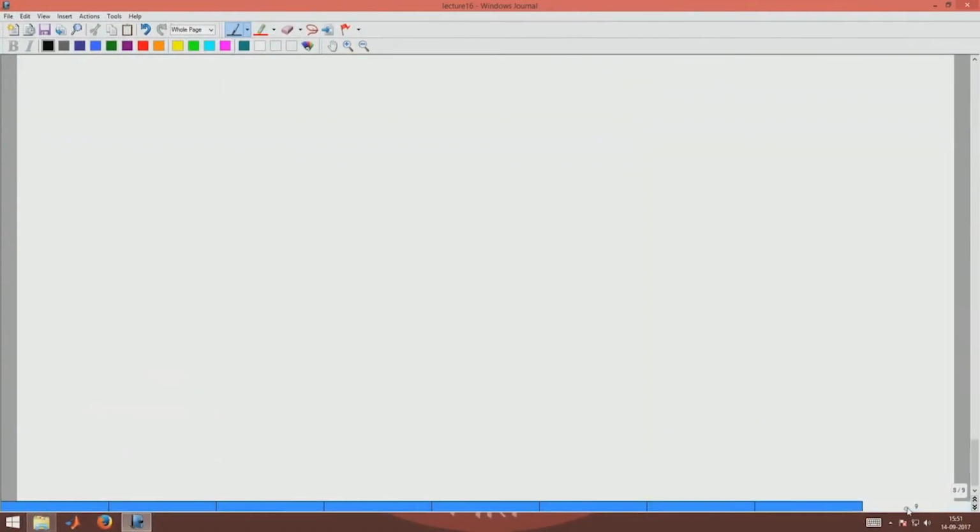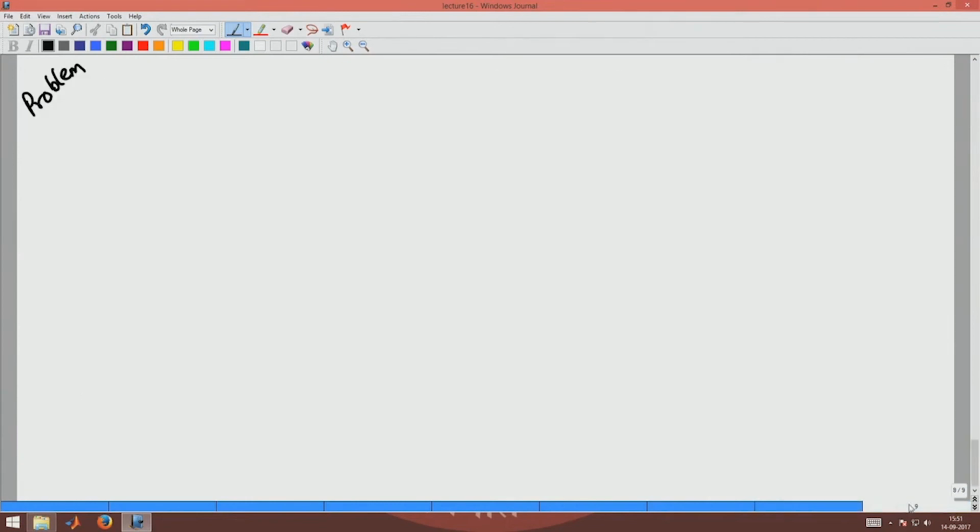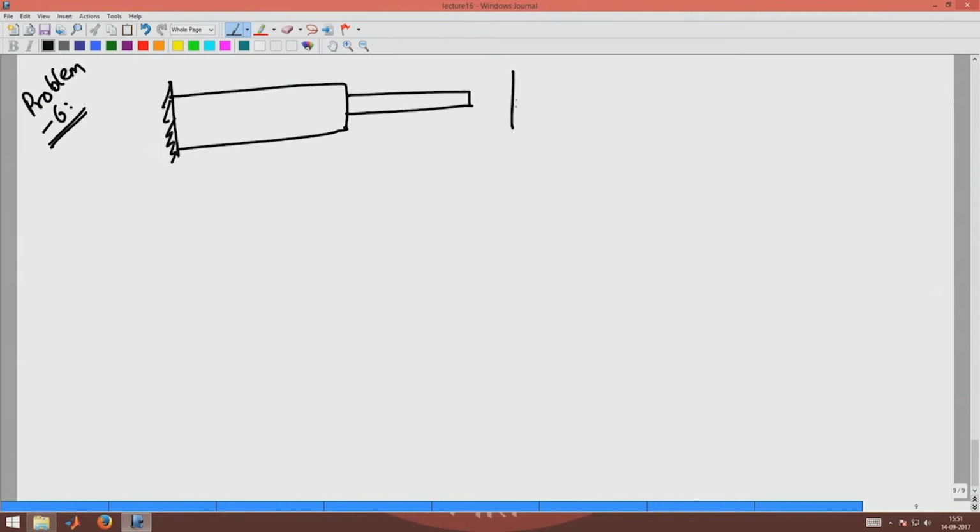Now, let us solve the final problem of this lecture, which will be problem number 6. It is the same as problem 5, except that I have a restraint at C. Just like in problem 3, I have this gap given by delta.